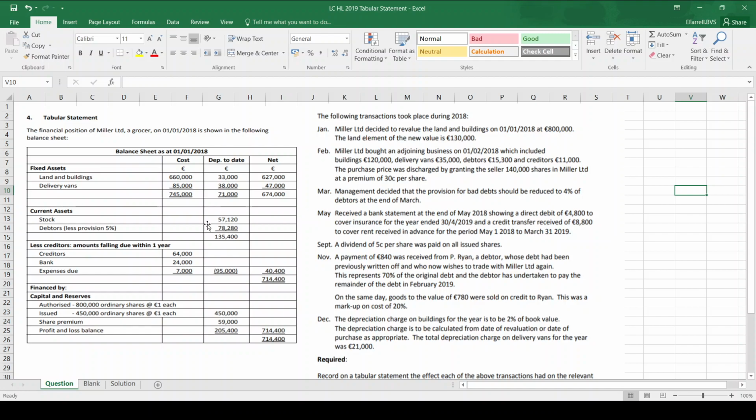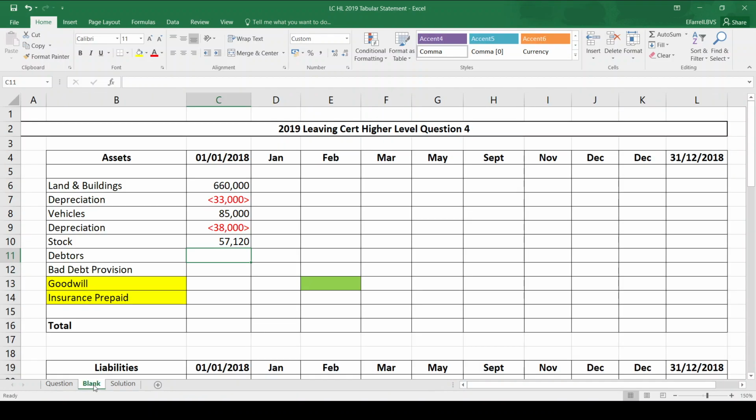So this 78,280 is 95% of debtors. So to get the full amount of debtors, we just get 78,280, divide by 95, multiply by 100, which is 82,400.